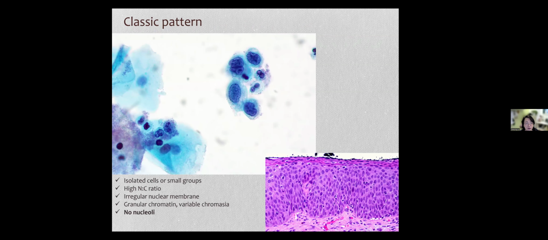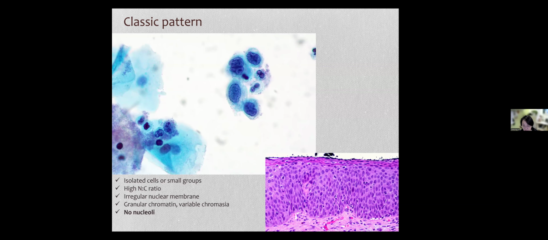So I'll show you the pattern. This is the classic pattern, called loose, single cells or small groups. You can see the nuclear contour is very irregular, right? And coarse chromatin, high NC ratio, compared to low-grade SIL, which normally gives you a very low NC ratio. On the right lower corner, that's histology.